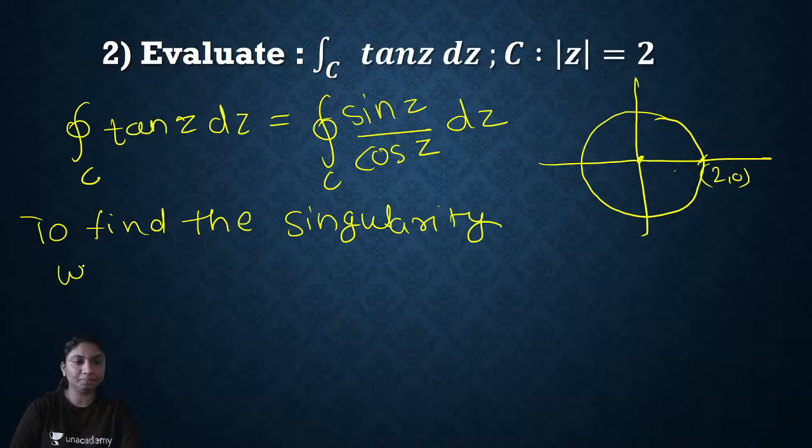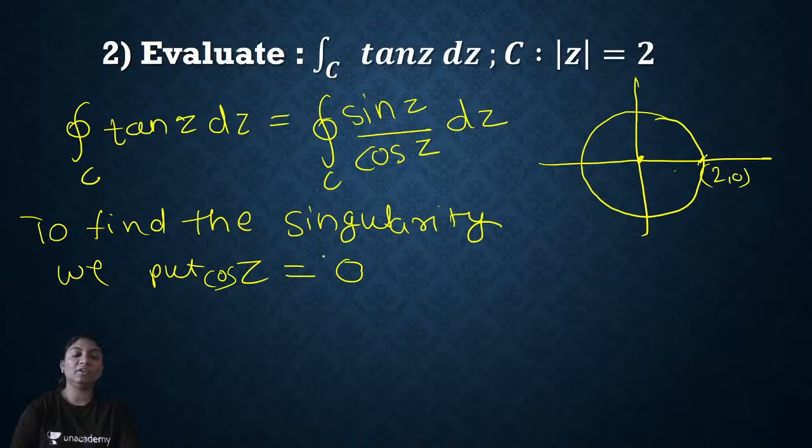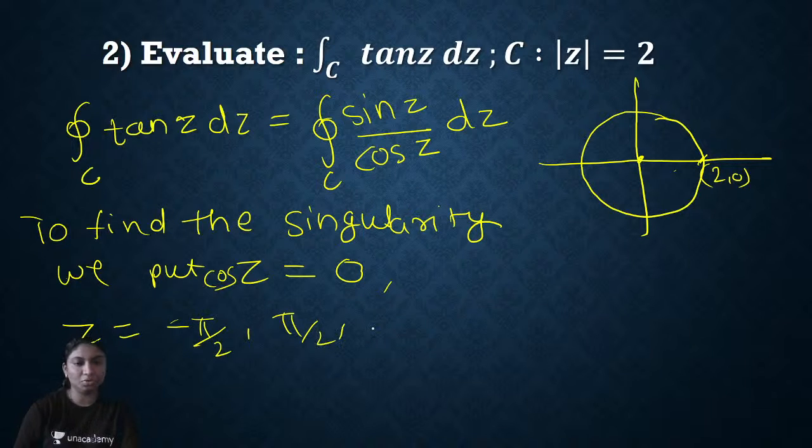To find the singularity, we put cos z is equal to 0, right? So for which values of z is cos z equal to 0? It will give you z is equal to minus pi by 2, pi by 2, 3 pi by 2 and so on.